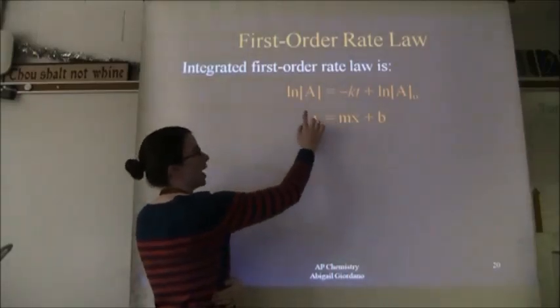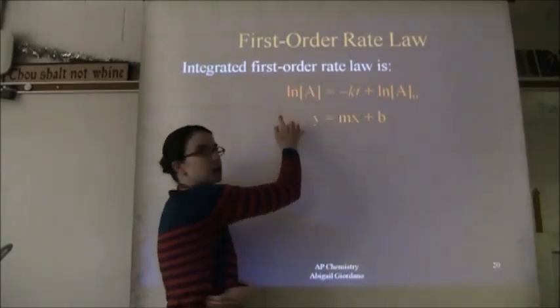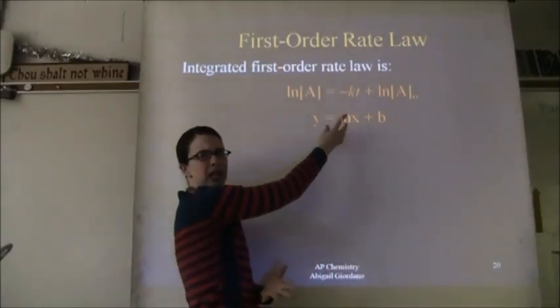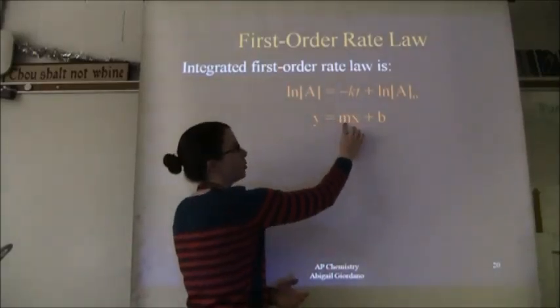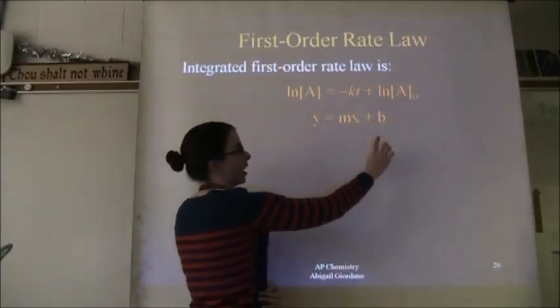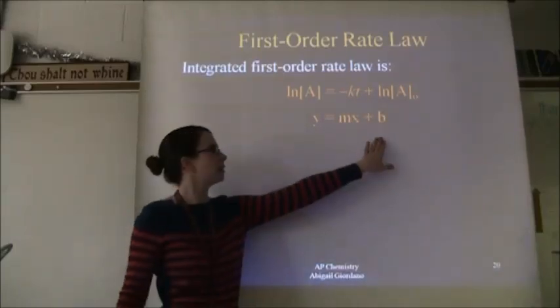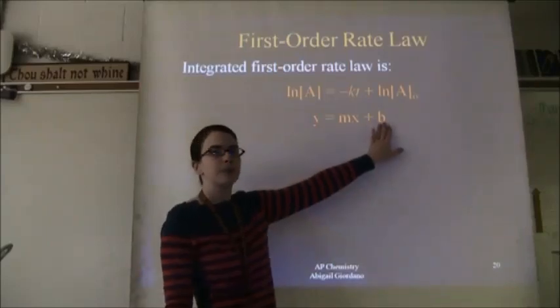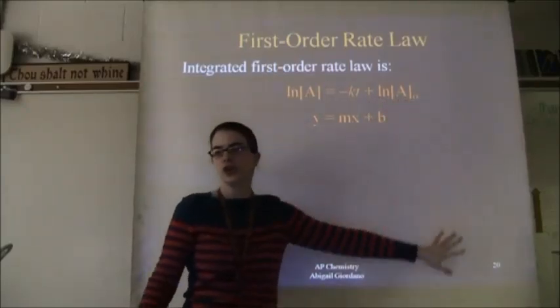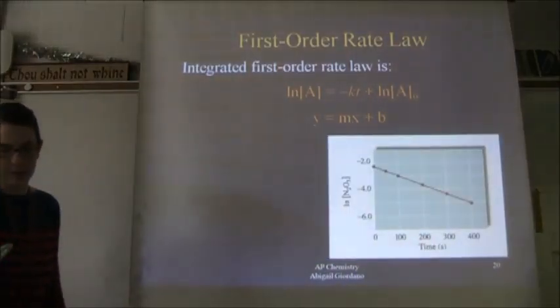In place of y, I have the natural log of a concentration. In place of m, which represents slope, negative k. X is time. What does b represent? Y-intercept. The y-intercept is the natural log of the initial molarity.